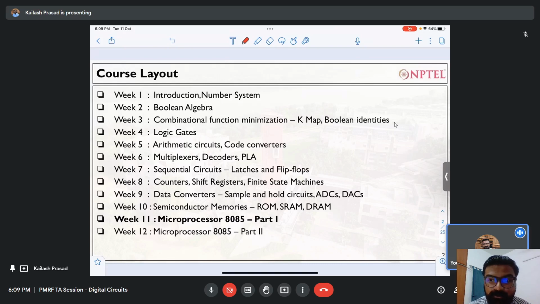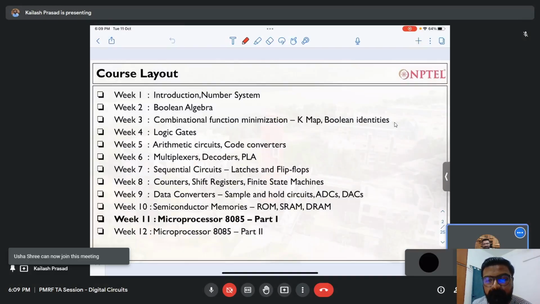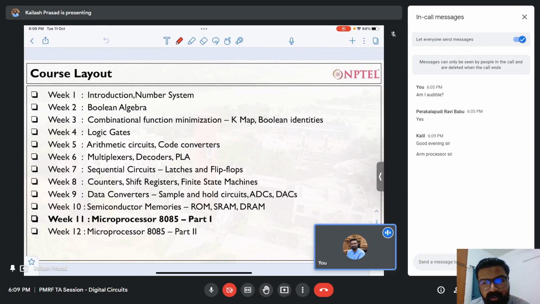Before starting today's session, let me ask you guys, because the questions will be on microprocessors, what is the latest processor you know? Can you type in the chat box what is the latest processor you guys know? It can be a mobile processor, it can be a laptop processor, but everybody type. ARM processor, okay. Anybody else?